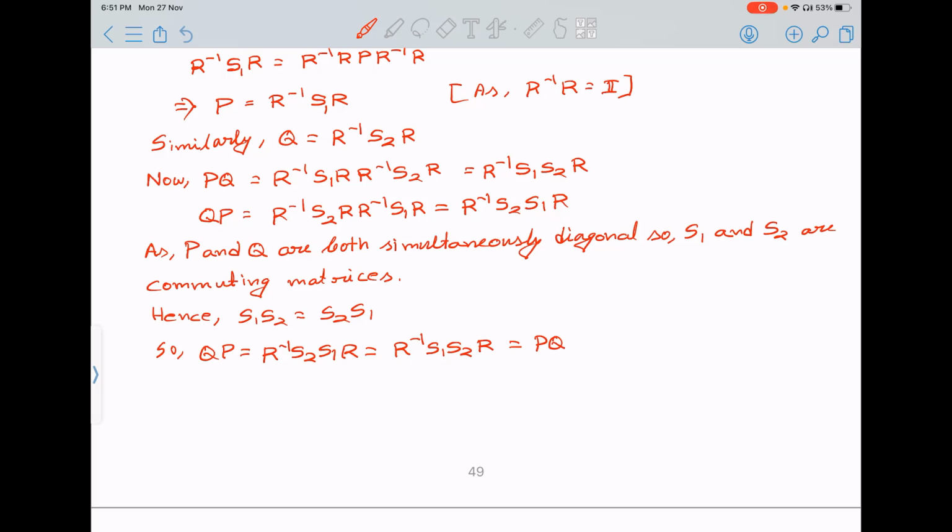This implies PQ equals QP, or these two matrices commute. P and Q commute.